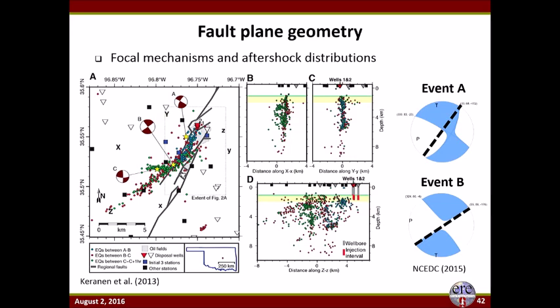And really one of the most important parts of this study was to try and understand what the actual geometry of the fault structures looked like. And so we did that based off of the distribution of the aftershocks that occurred during these two earthquakes, as well as looking at the focal mechanism inversions.